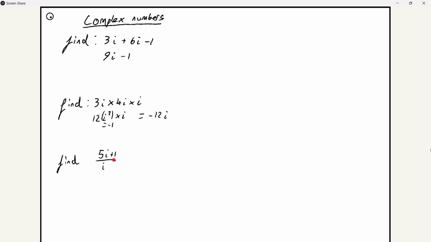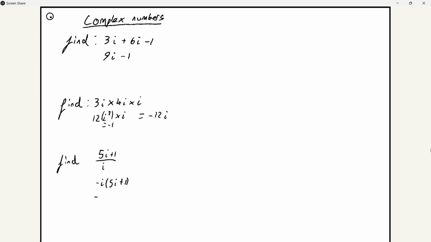Now, this example here, as I explained previously, just has i on the bottom. Now, using the property of 1 over i, we can just flip that to the top as minus i times everything here. And now we just use what we learned from the previous example, minus i times 5i.